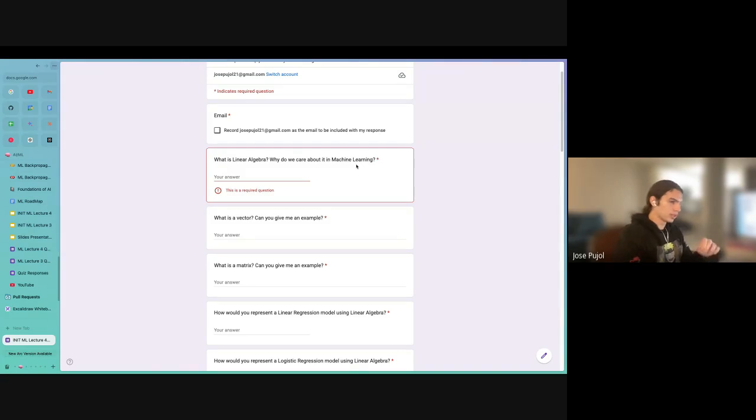One of them is that it allows us to represent our data. For example, with our training data, we might understand it by looking at it, like house prices, etc. But you need to represent it in a way that a computer can understand. For that, we use linear algebra with matrices and vectors.